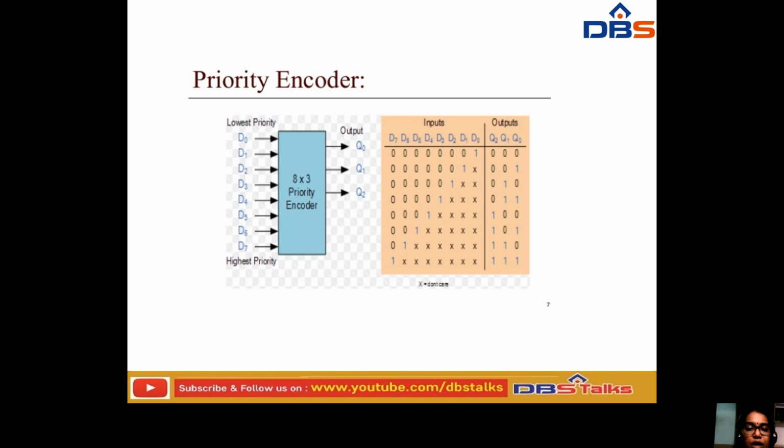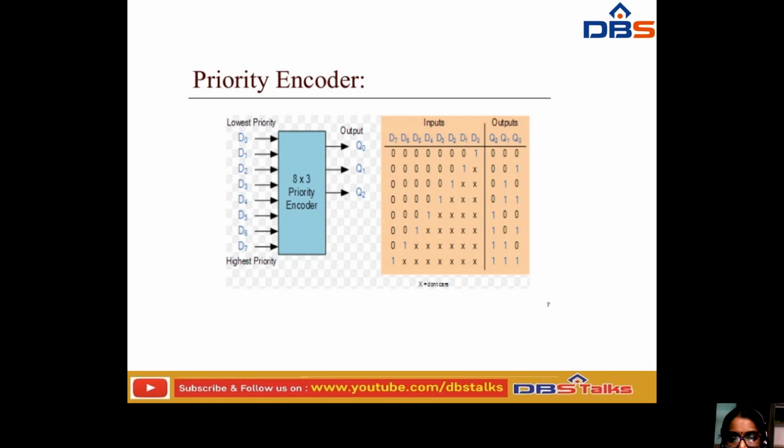It is called an 8x3 priority encoder because by taking 8 inputs, it is going to generate 3 outputs. Here the outputs that we have generated are Q0, Q1 and Q2.